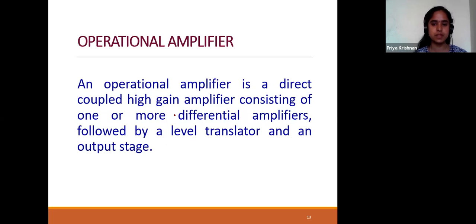It consists of one or more differential amplifiers. We have two differential amplifiers, in the first stage and in the second intermediate stage, followed by a level translator, that is the emitter follower, and then the output stage last. So these four blocks are given in the definition of the operational amplifier.